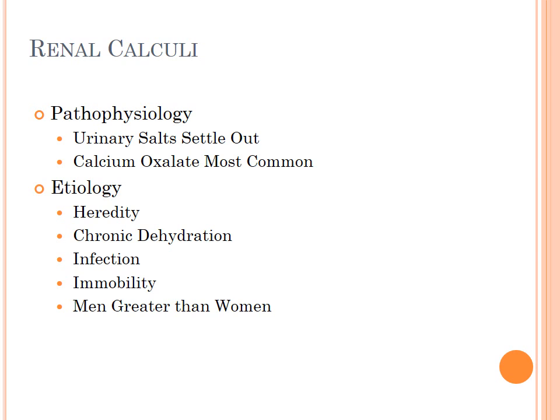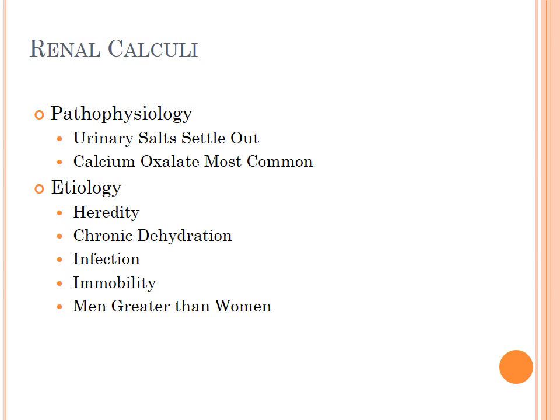Somebody can be at risk for kidney stones because of heredity, a family history of stones. A state of chronic dehydration, so somebody that has constant chronic concentrated urine. Infection can be the impetus for a renal stone; infectious material then surrounds with some of these other deposits.